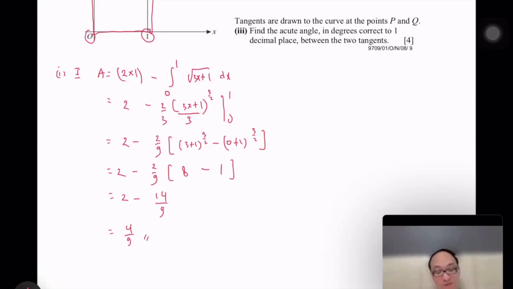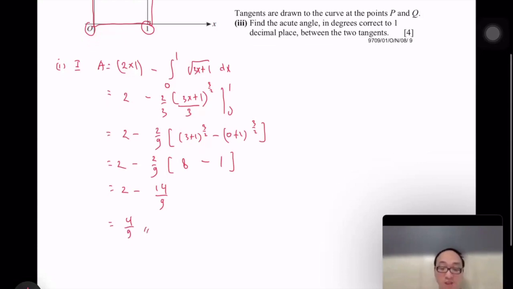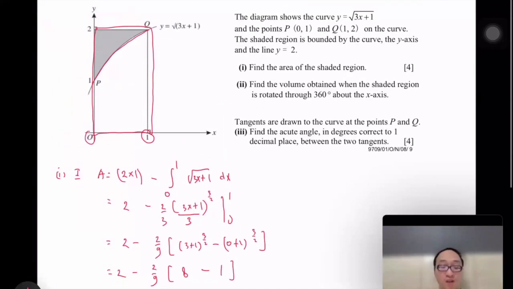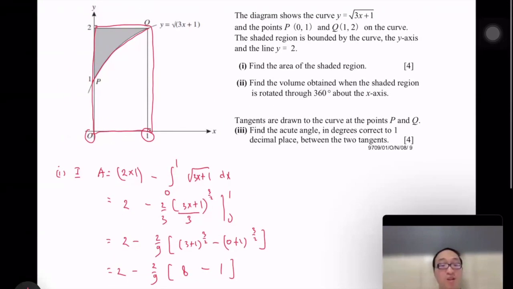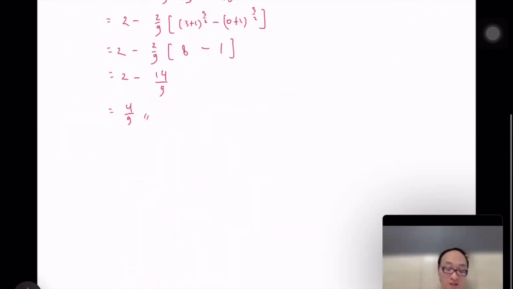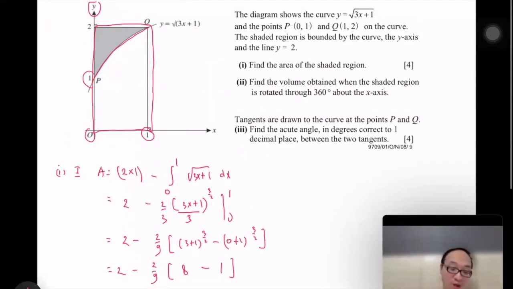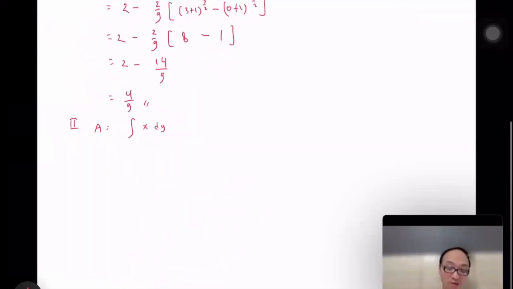That's the first method. The second method is you can find the area using the y-axis. The area is the integral of x dy. For the boundaries, it will be from 1 to 2.